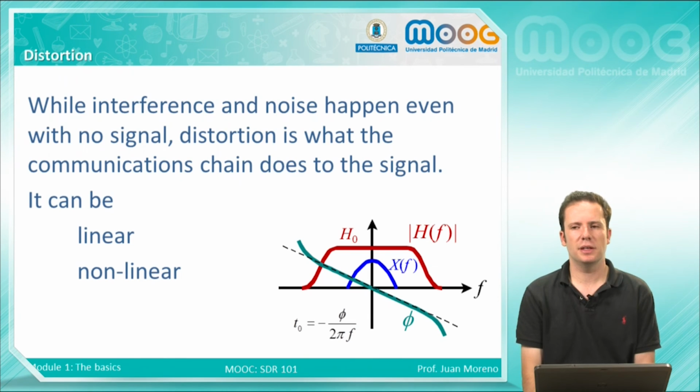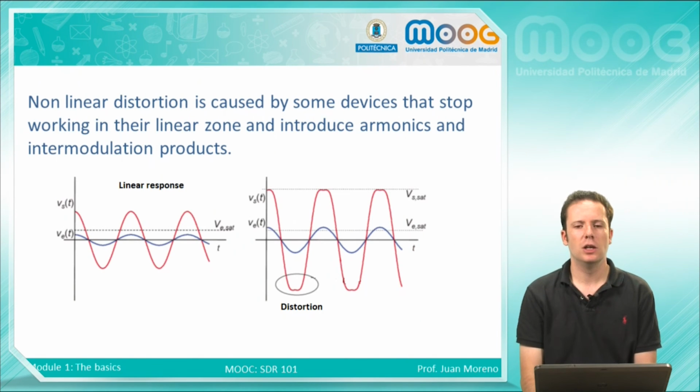Distortion is something that all the communication electronics do to the signal. For example, look at the blue signal on the left. This signal needs to be amplified, and the result of that amplification process is the red signal on the left. There is no distortion, only amplification. There is only gain.